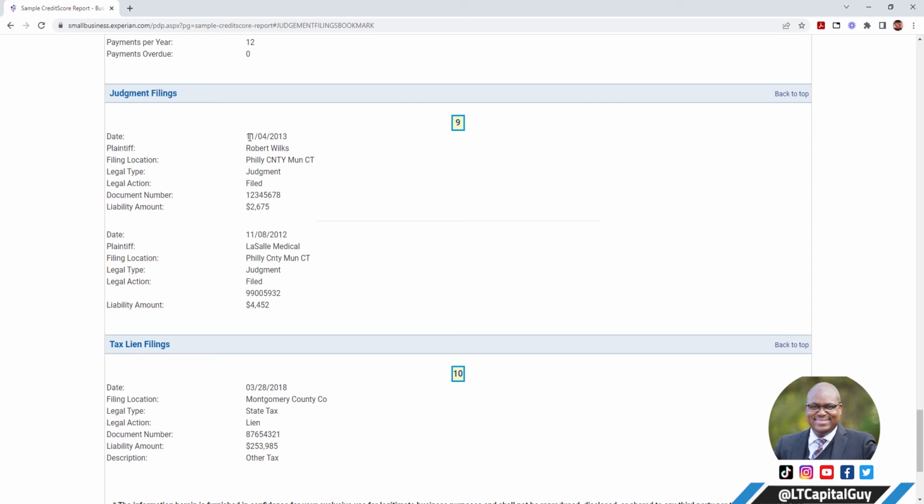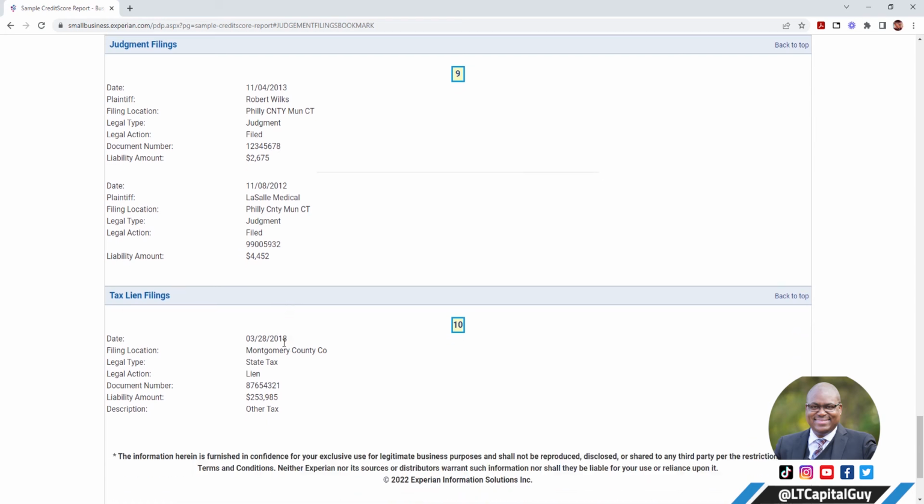Typically, judgment filings don't fall off for 7 years, so you have to wait. If for whatever reason it doesn't fall off, you can file a dispute, in this case with Experian, to have it removed because it's past the statute of limitations.